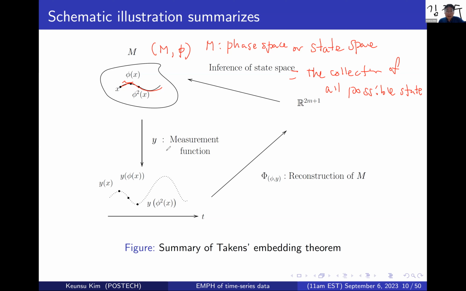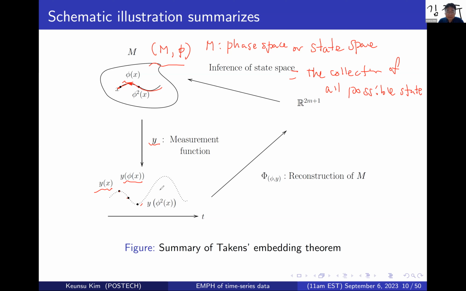We want to analyze the dynamical system M and pi, but we do not have knowledge of it. We only have sampling measurements. We measure at x, then we get the real number y(x), and we measure at pi(x), then we get the real number y(pi(x)). So our sampling measurement is represented by time series data.